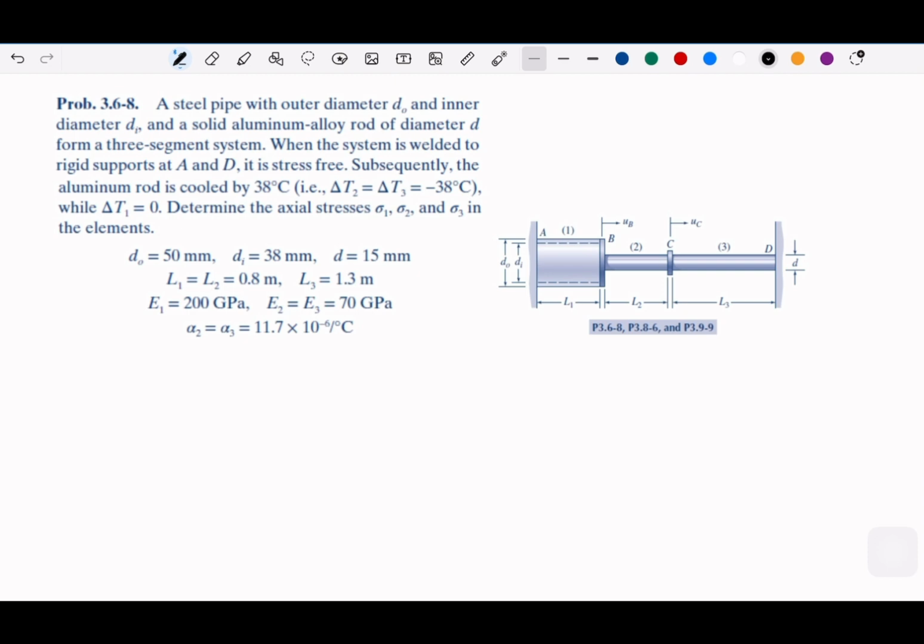Perhaps we can draw section B, because that is the one that has displacement, and also section C. So at joint B, we can see this is B, and this is the aluminum. Suppose this is the reaction force on element 1, and this is the reaction force on element 2. This is at B.